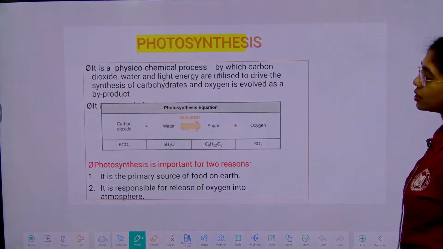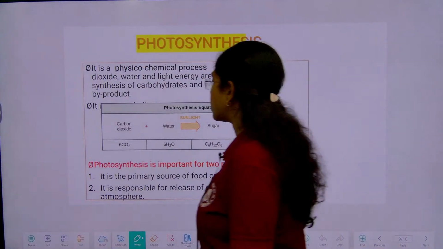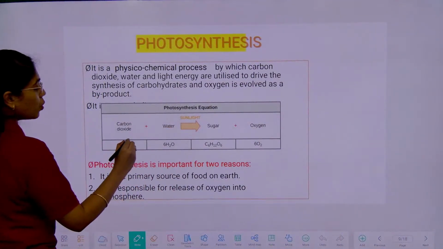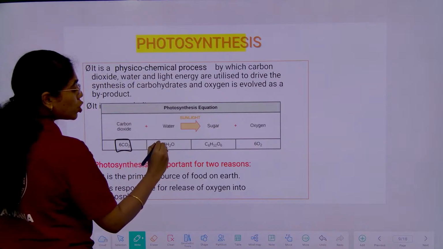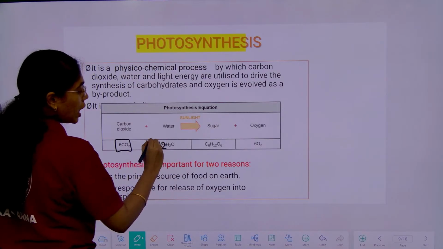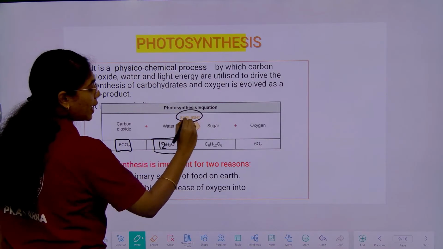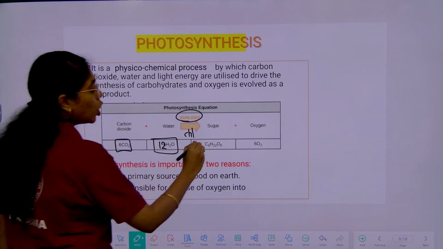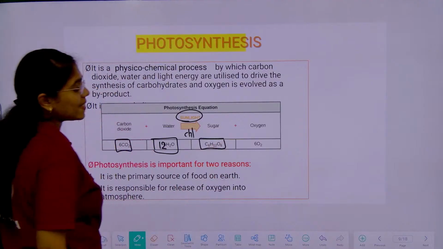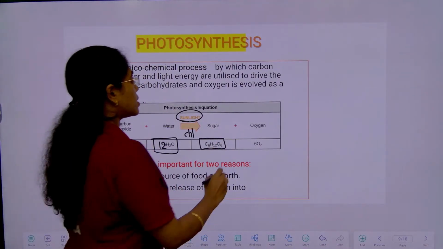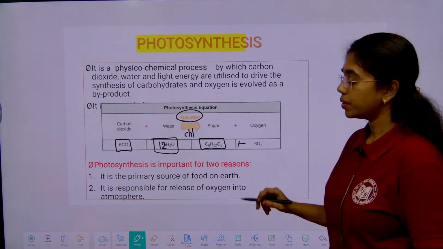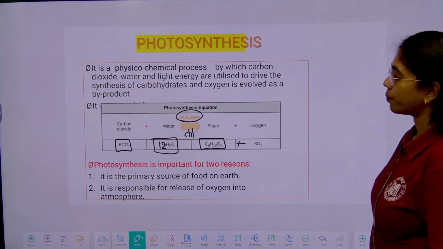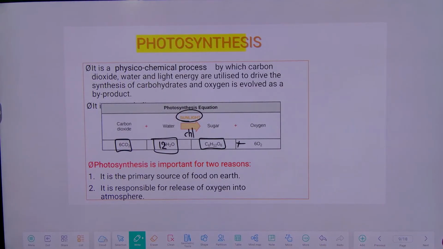This we will understand clearly when we look into the standard equation of photosynthesis. Let's now look into the standard equation of photosynthesis, wherein 6 CO2 plus 12 H2O in the presence of sunlight and chlorophyll forms glucose, C6H12O6, plus 6O2 plus 6H2O. Okay, this is the standard equation of photosynthesis.